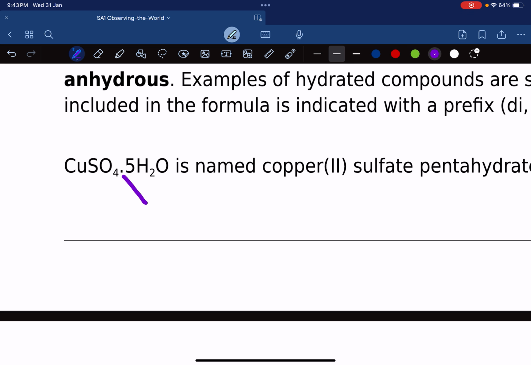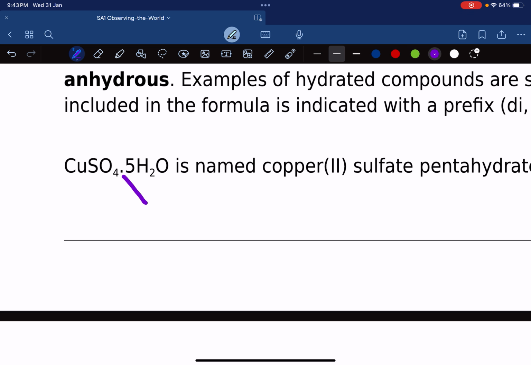If you imagine copper sulfate to be a solid like this, there are 5 water molecules which are physically attached to the surface of copper sulfate. Just like when you shower, there is water attached to the surface of your body, and when you use a towel, you can wipe it off.